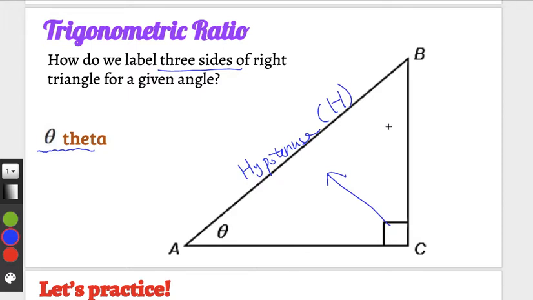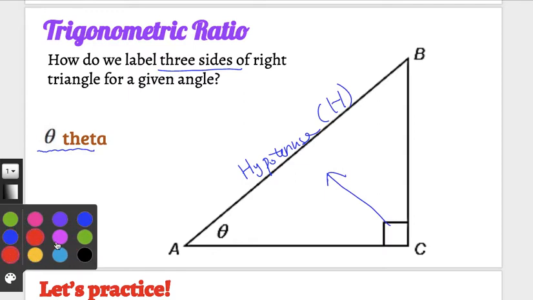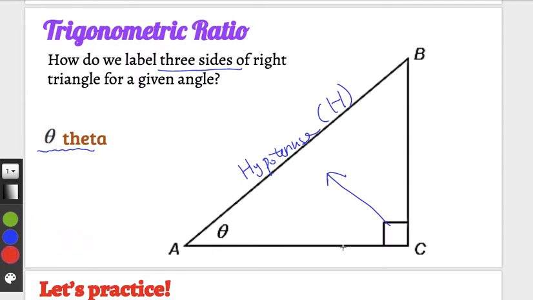And then the next important thing is the reason we have this angle here, because we are going to use this angle to label the other two sides. One of the sides is the opposite side of this angle. Again, I can simply draw an arrow from the angle. You can also imagine you are the person standing here looking at the side in front of you, which is BC, and this side is always called the opposite side.